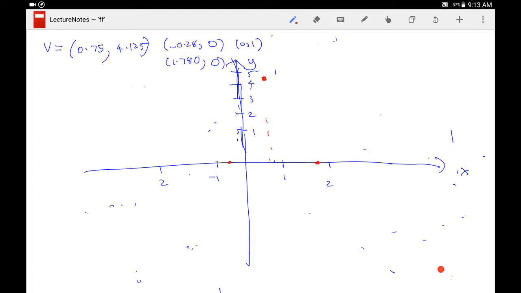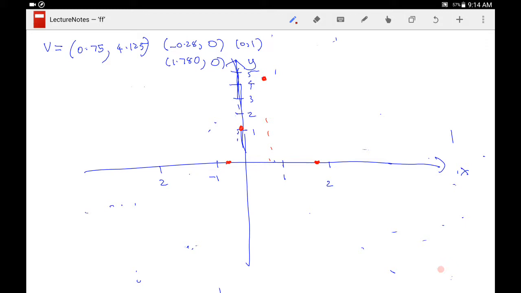Normally this distance and this distance are the same, because it's symmetric along this vertex axis. I have these points marked, then I have the y-intercept here.